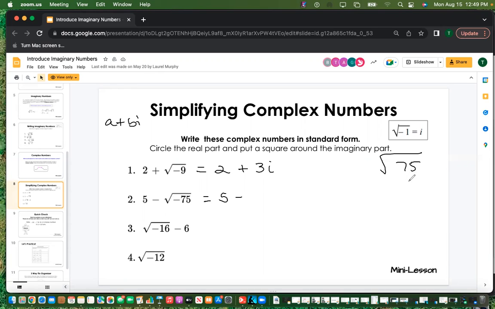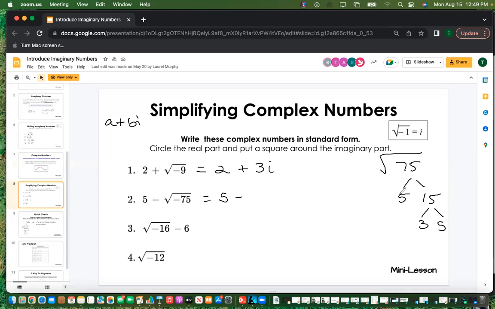Okay, so what are factors of 75? Let's do 5 and 15, right? Okay, can I break 15 down anymore? Into 3 and 5, right? Now you can only exit the radical if you have an exit buddy.